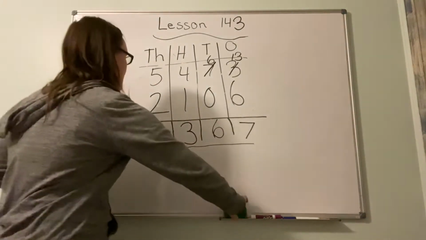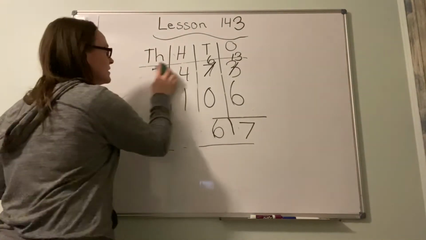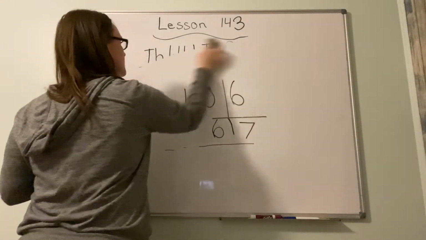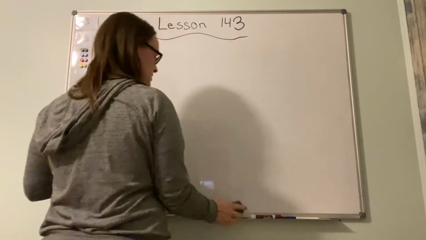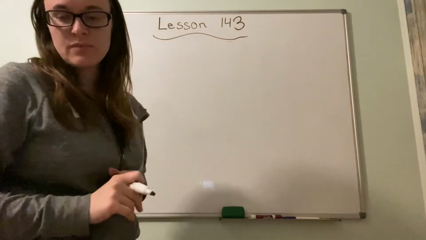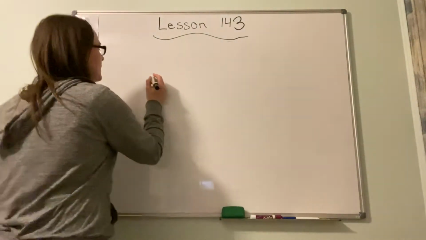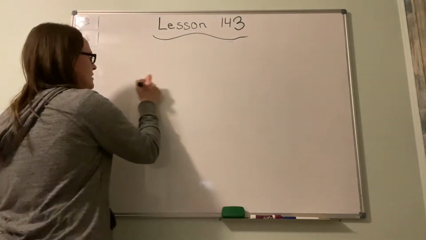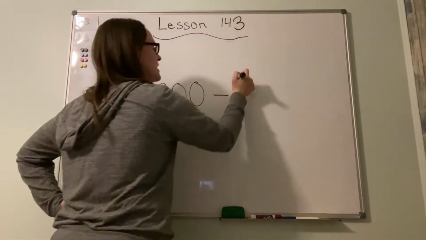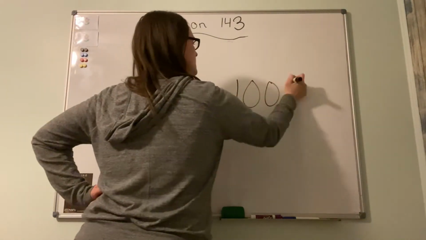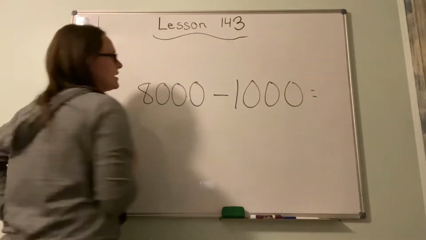Now let's review something else. What if it's written differently? What if they wrote it horizontally instead of up and down? What if they gave you 8,000 and they wanted you to take away 1,000 and find out what that equals?